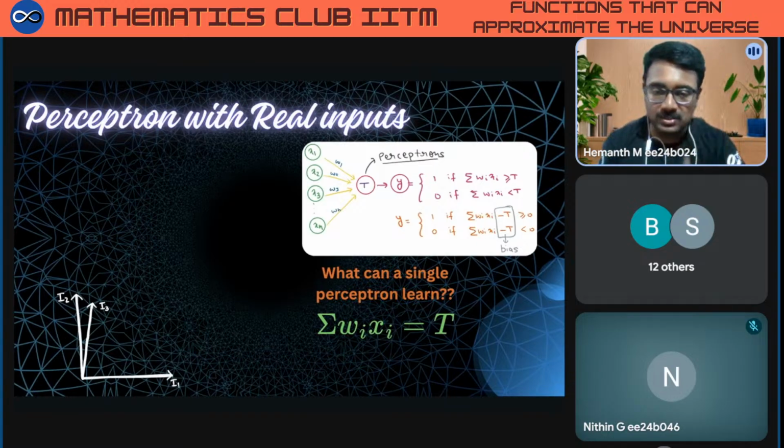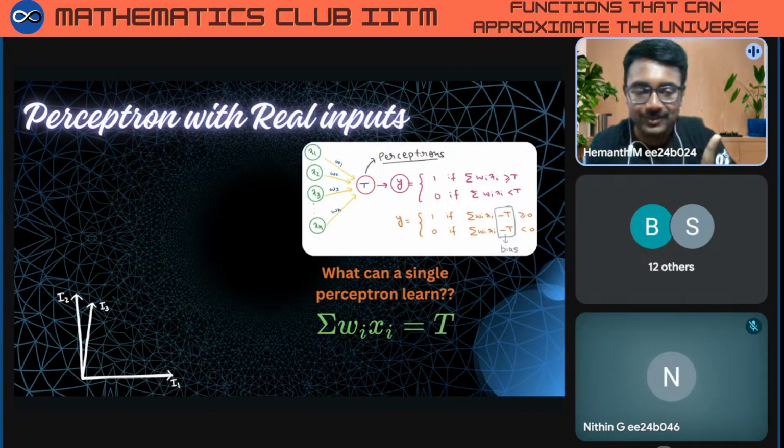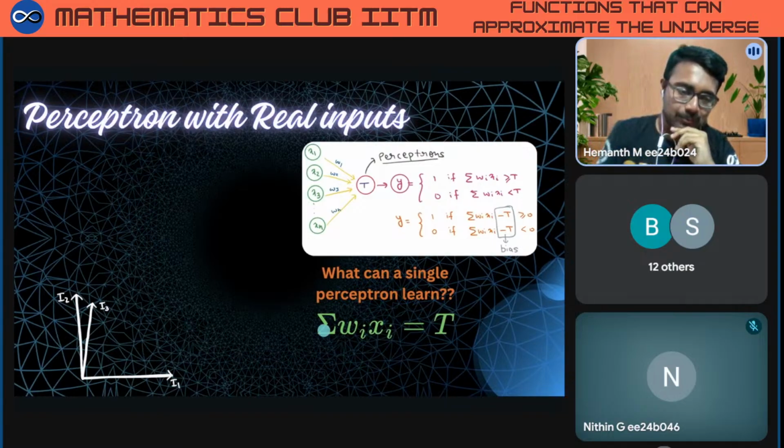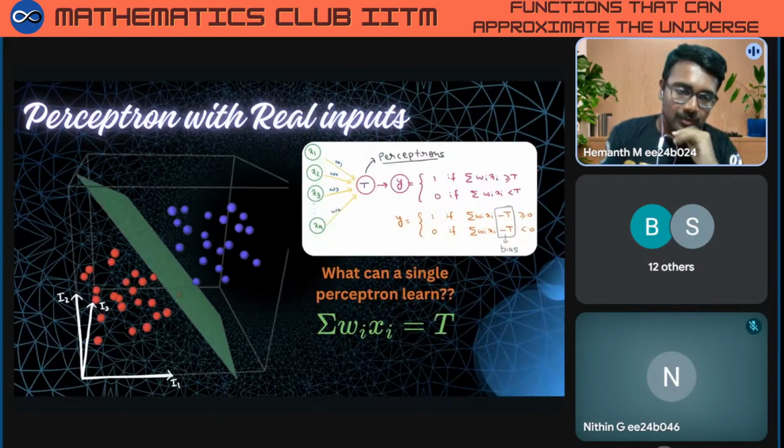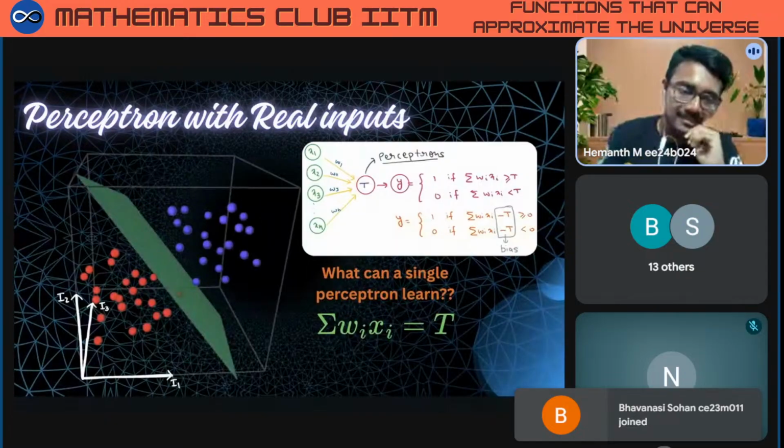So let's try to visualize how this looks. Say you have three inputs; it's easiest to visualize in 3 dimensions. You can even do it in 2 dimensions, but this is much better, I feel. Here you have three inputs, I1, I2, and I3. In this three-dimensional space, you want to learn the boundary that separates all these red dots from the blue dots.